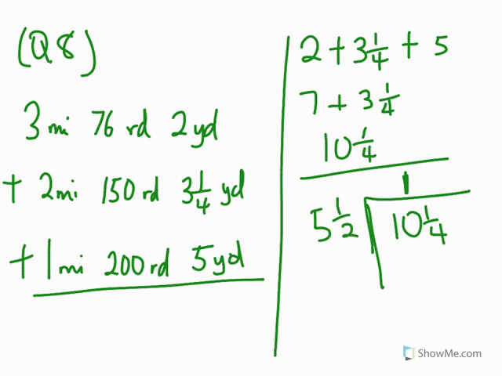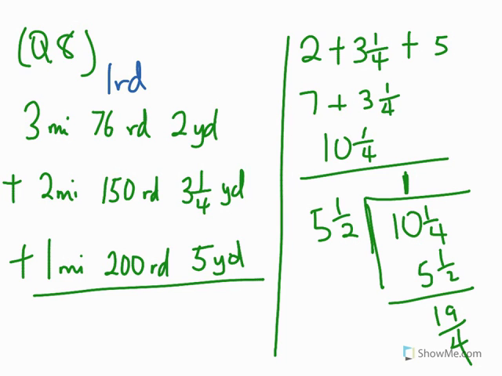So we have 1, which is our quotient, and that quotient will go to rod, and the remainder, when we subtract it, will be 19/4.